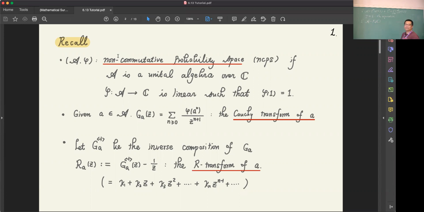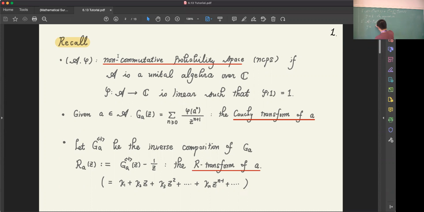For the second example, we are given a really non-commutative example. If you have two matrices, we know A times B may not be B times A. What's a proper phi for this model? We hope phi is linear and sends 1 to 1. There's a very good option, called the trace.